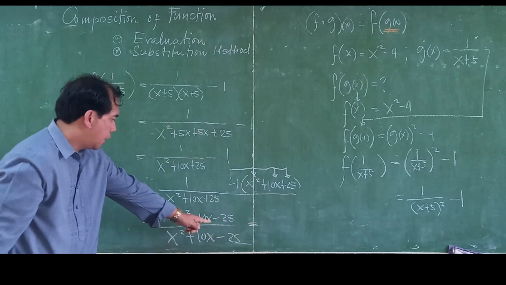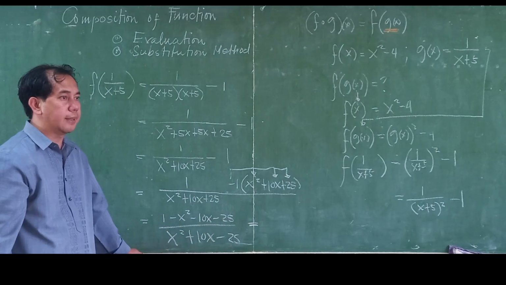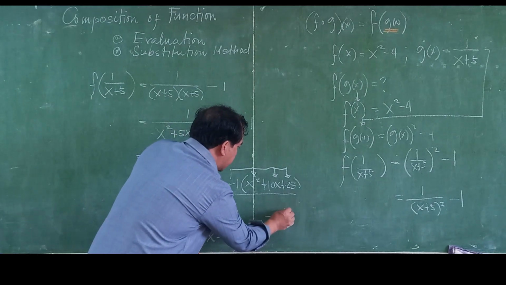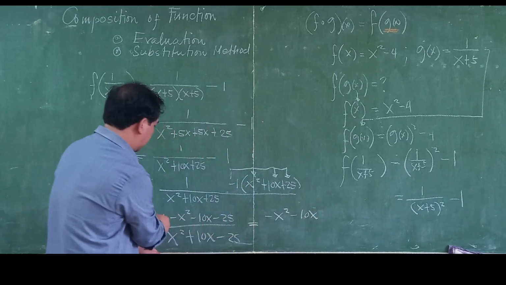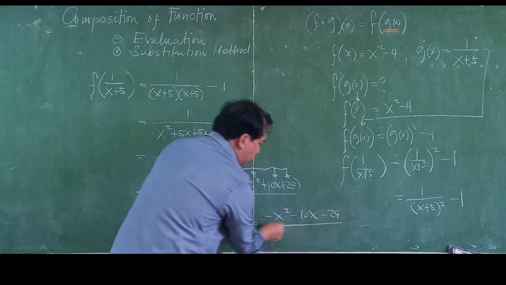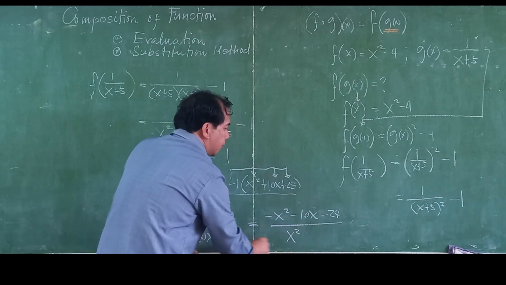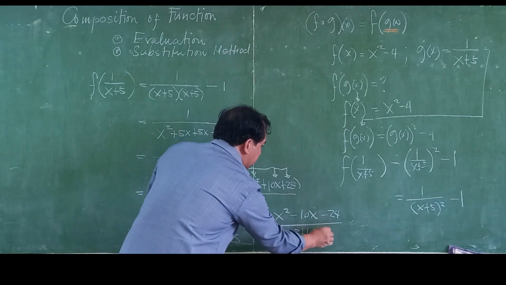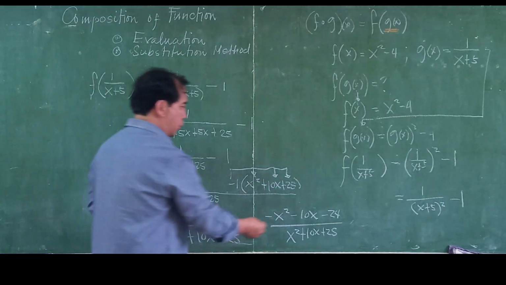You notice, 1 minus 25 can be subtracted. So it will give you now negative x raised to 2 minus 10x. How about here? Minus 24. Over what? The denominator x raised to 2 plus 10x plus 25. So that will be now our final result.